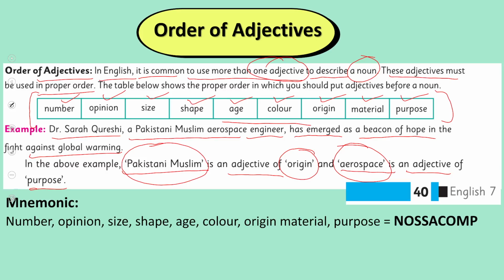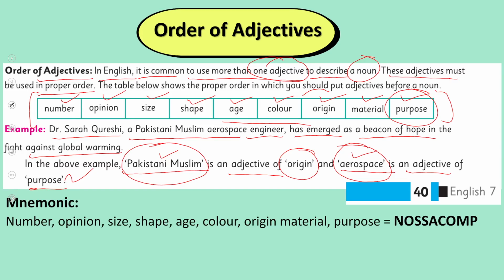You can see that we followed the same order mentioned in the table. Pakistani Muslim is the origin and aerospace is the purpose, which comes last.